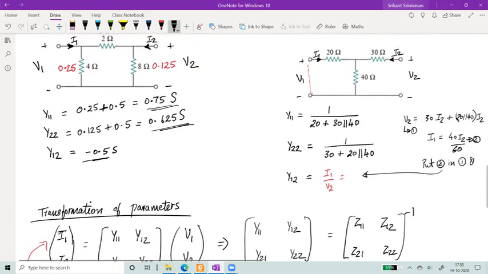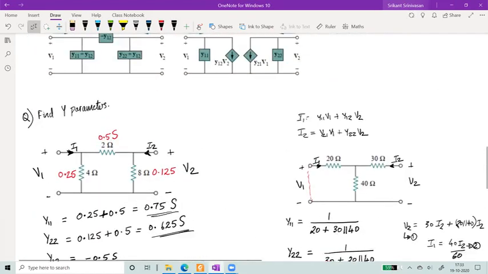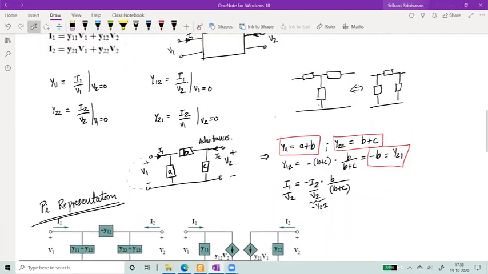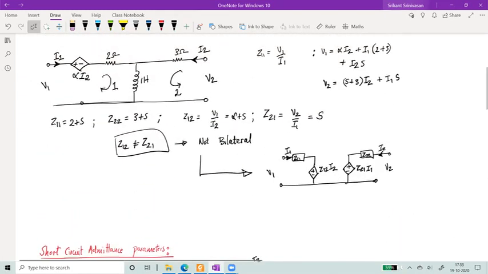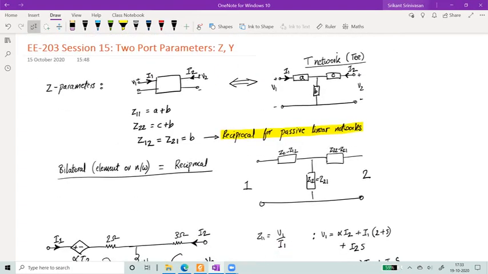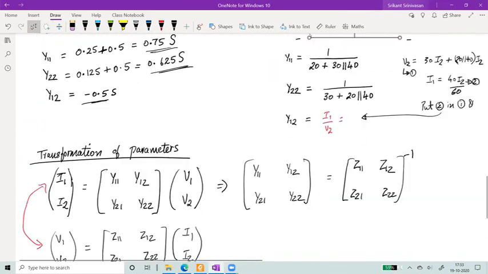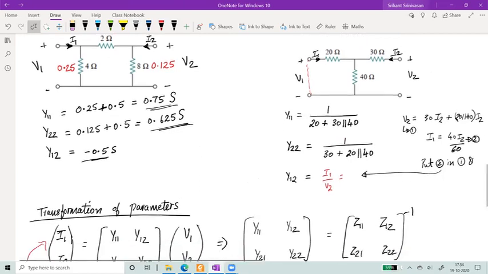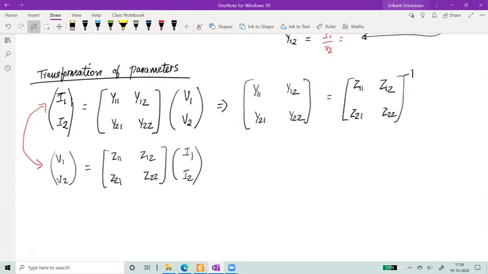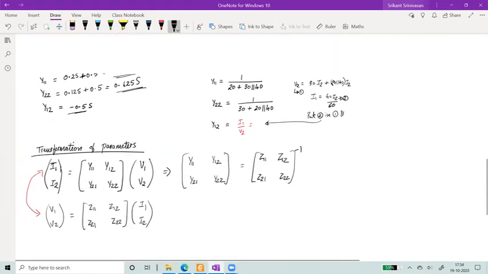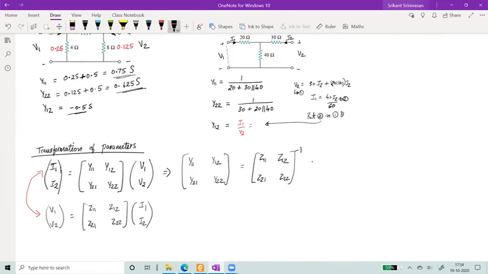And I know that if this is a T network, then I can quickly find out the Z parameters, because on top we showed that the Z parameters are given by here. Z11 is A plus B, Z22 is C plus B, and Z12 and Z21 are just equal to B. So if I looked at this T network, I could have quickly figured out, let me make this a little smaller so I can see them both simultaneously.